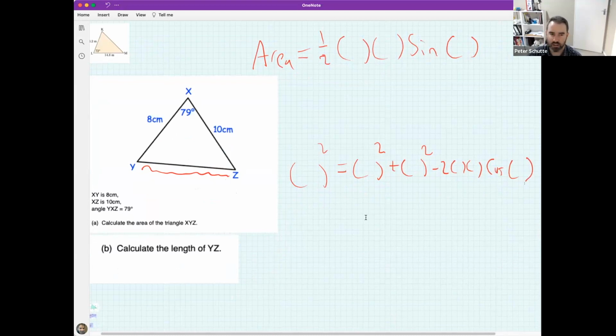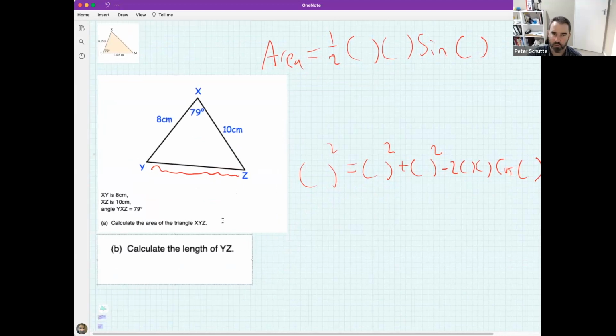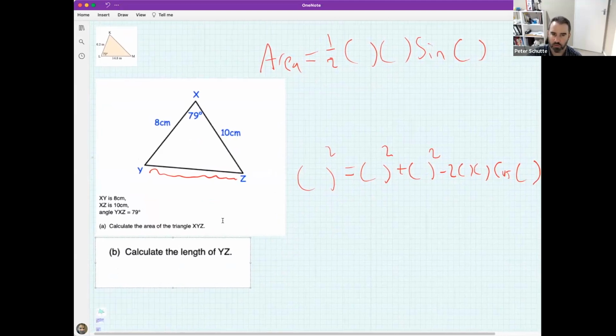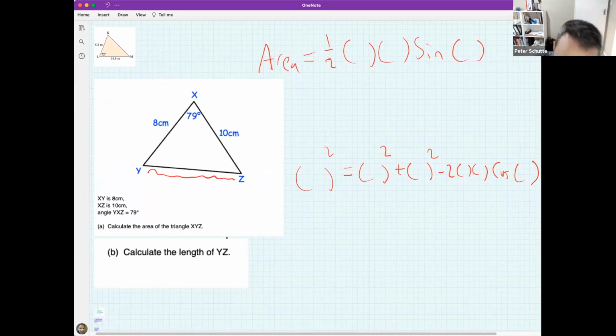So find me the area of this triangle, and also find me the length of YZ. See if you can do that.